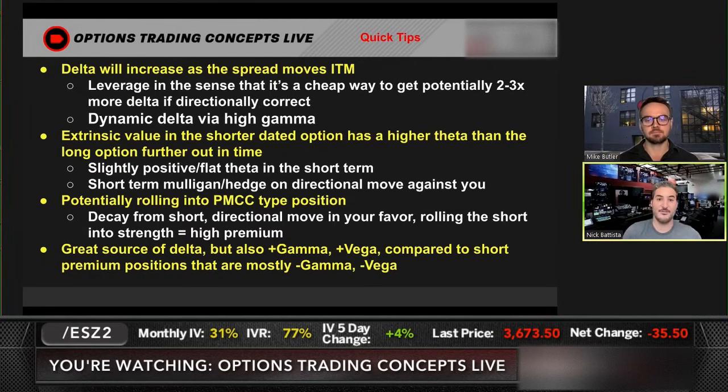So if you're looking at your positions and you're saying, I've got a lot of gamma risk, or I need to get a decent amount of short delta here, or potentially more short delta on a down move, this sort of position is kind of opposite of everything else we trade. So it offsets some of those Greeks if you feel like you're getting overexposed in short vol, overexposed in gamma, or you need some quick delta. This kind of fits the bill.